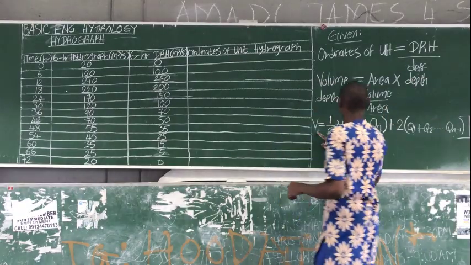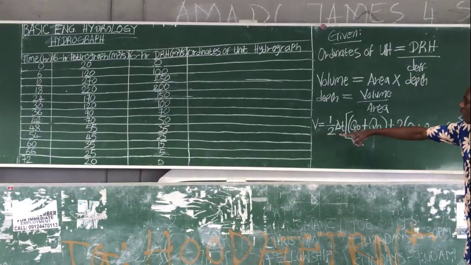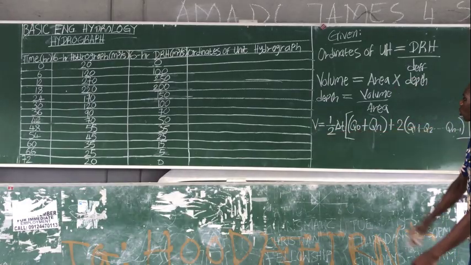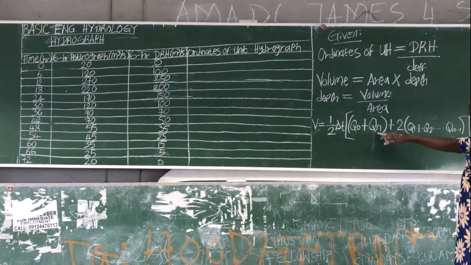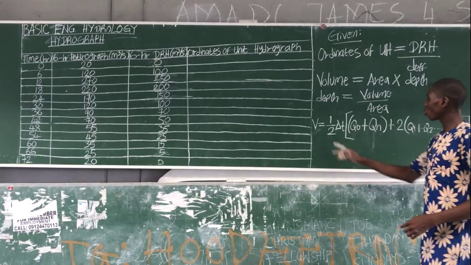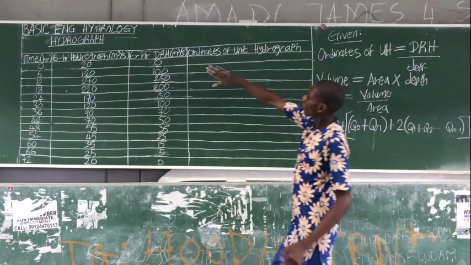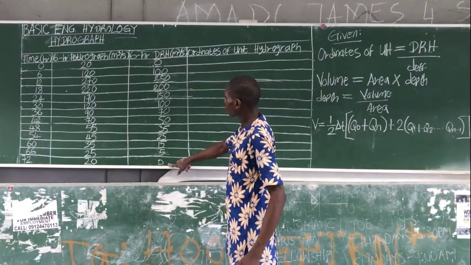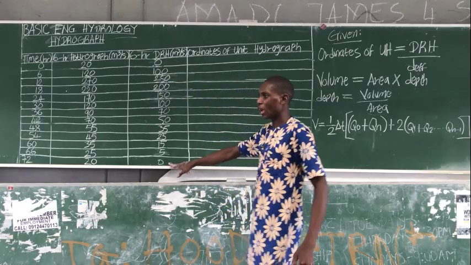Okay, so we have our volume to be equal to 1/2 times our time interval into the first discharge plus the last discharge plus 2 times every other discharge up to the second to last discharge. Okay, so to compute our volume, we simply use these discharges, which are from 0 to 0. So this is our Q0, Q1, Q2, up to Qn.